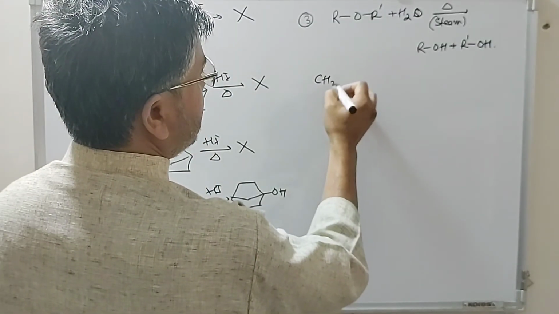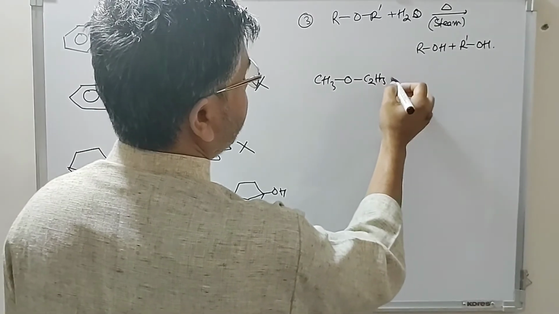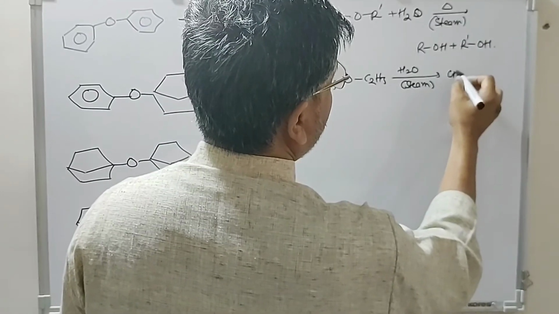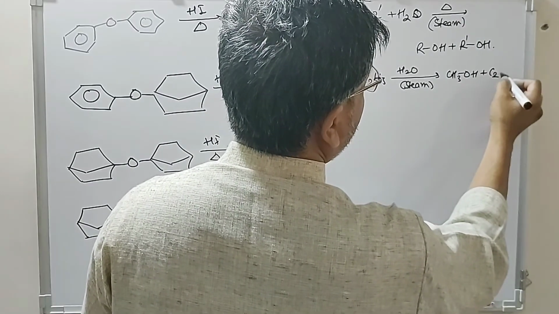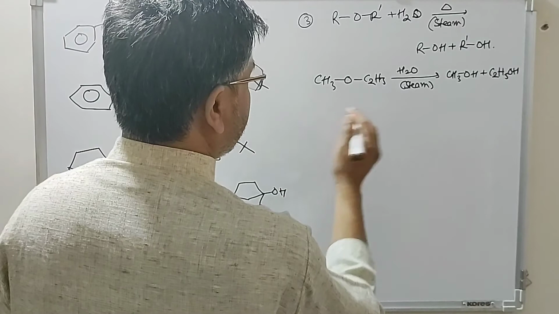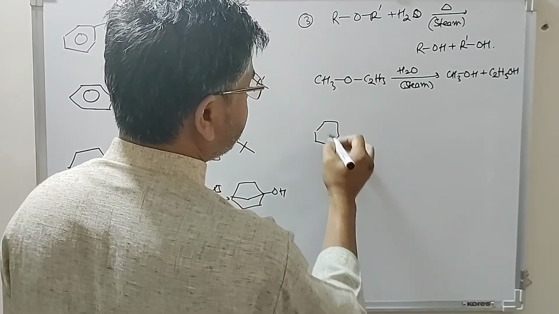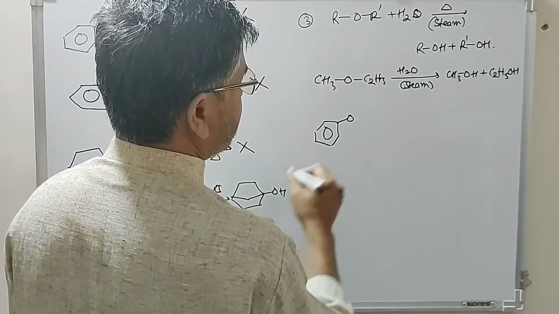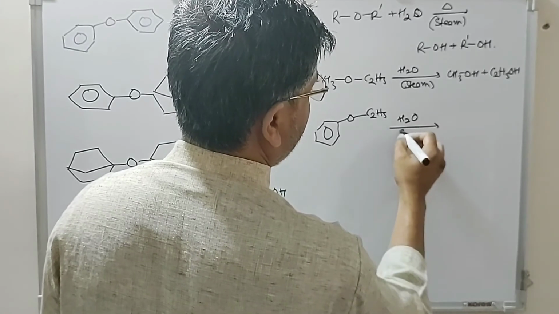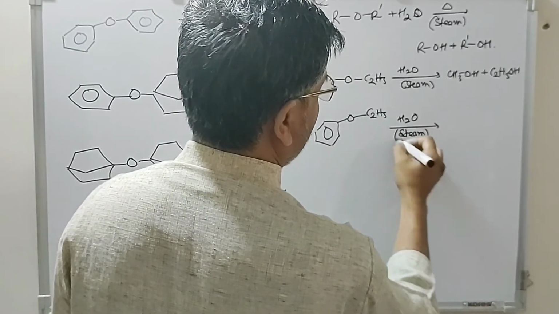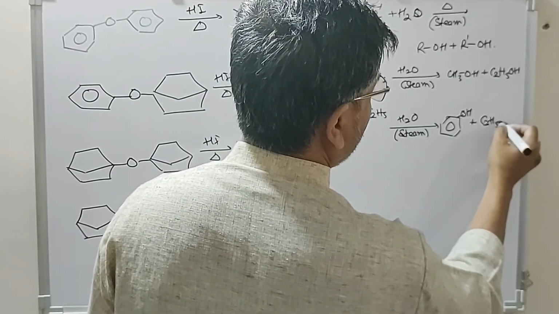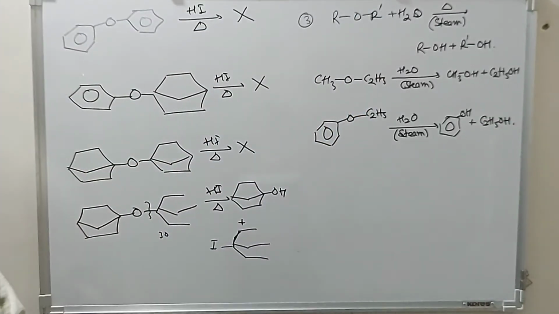Take this: CH3OC2H5 reacts with H2O steam, and this gives you methanol and ethanol. If we take this also, then one is converted into phenol, the other one is converted into alcohol.